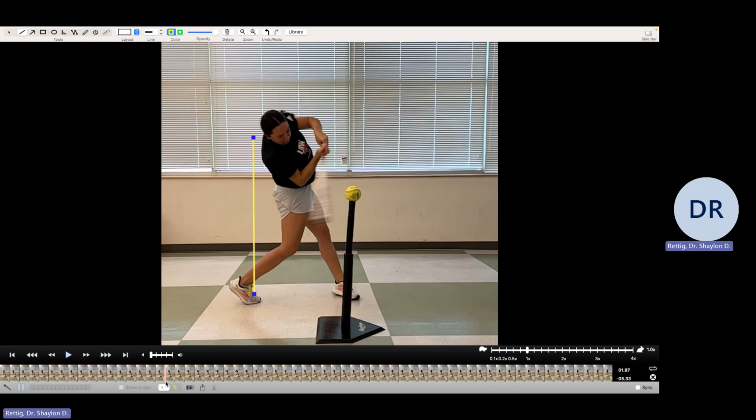And I believe, based off your physical screen, I think it might be a technique issue. It looks like your hip internal rotation moves well. There were some issues with the pelvic rotation.